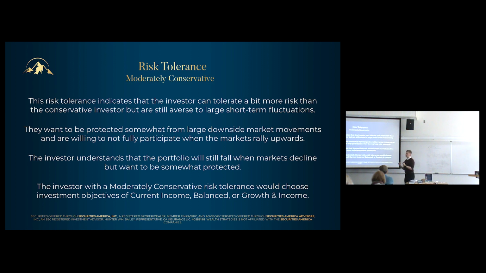So they might just want to be in a majority of things that aren't going to be flying up and down when the market's in panic mode or when things are really volatile. But they're willing to see maybe a 5% decline or a 10% decline on particularly bad days. The investor with a moderately conservative risk tolerance would choose investment objectives of current income, balanced, or growth and income.